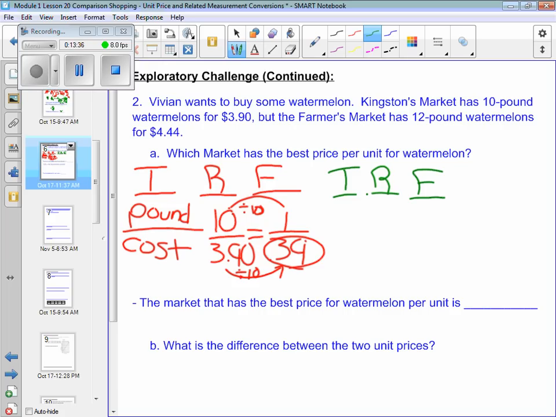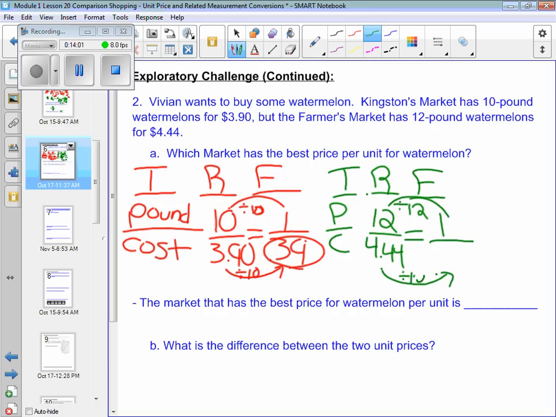And we're going to do the same thing for the second part of the ratio, which is your 12 pound for $4.44 equals. And when you did that, tell everybody what you got. 37 cents, or 0.37.